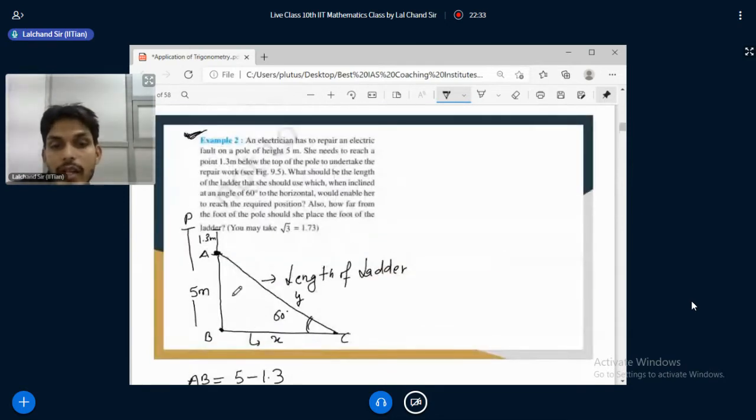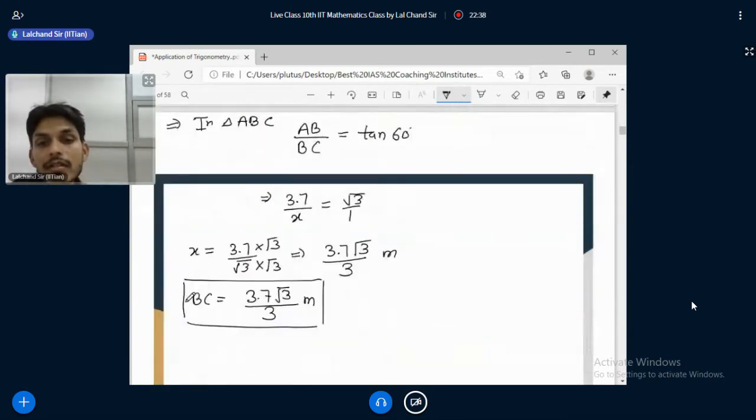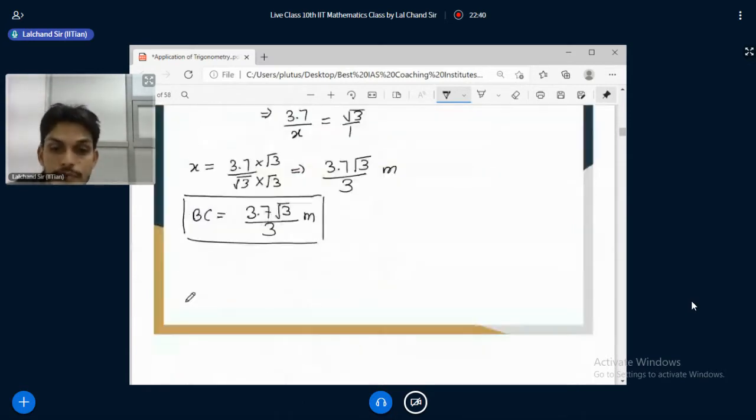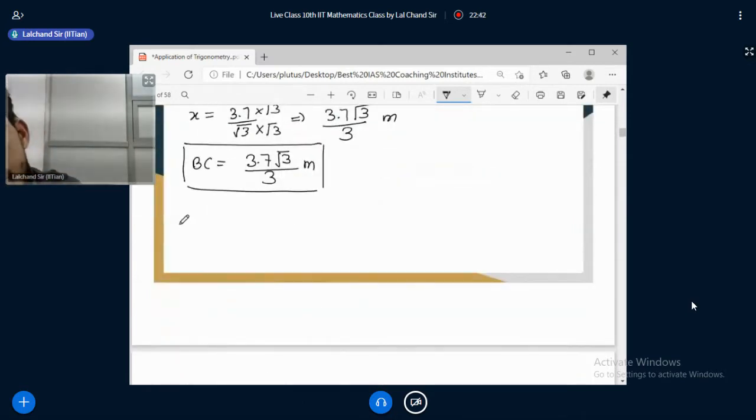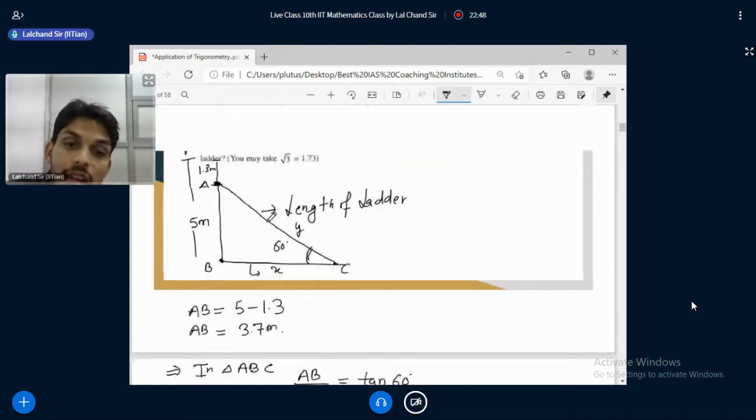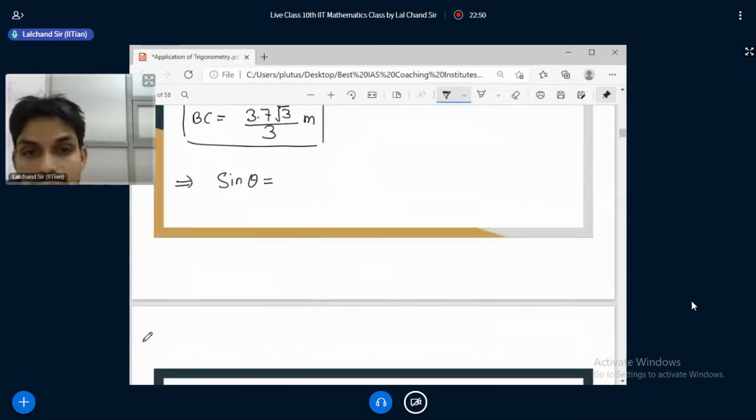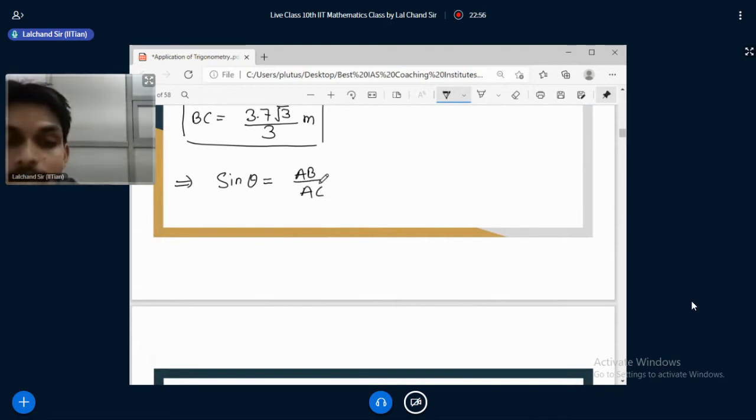Now we need to calculate the length of AC, the length of the ladder. So if we use sine theta, the value of sine theta will be AB divided by AC, isn't it?